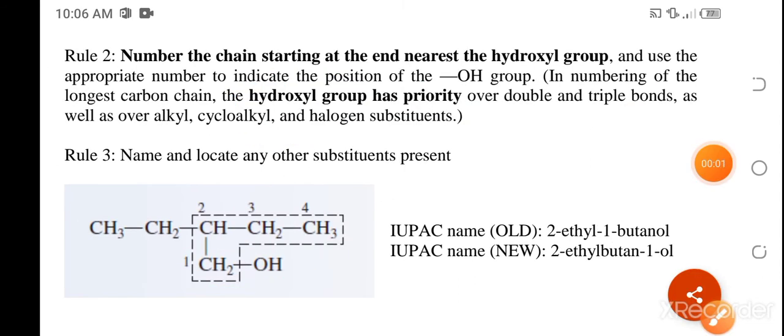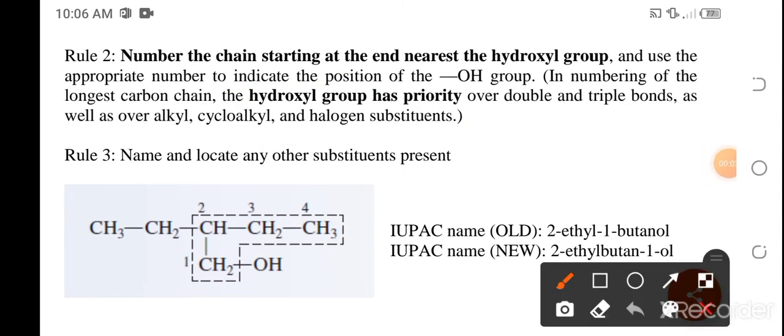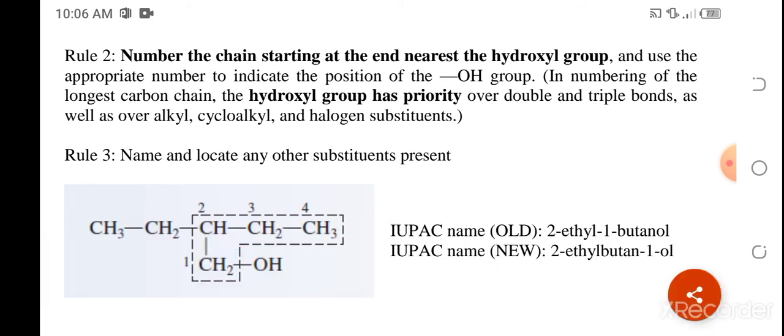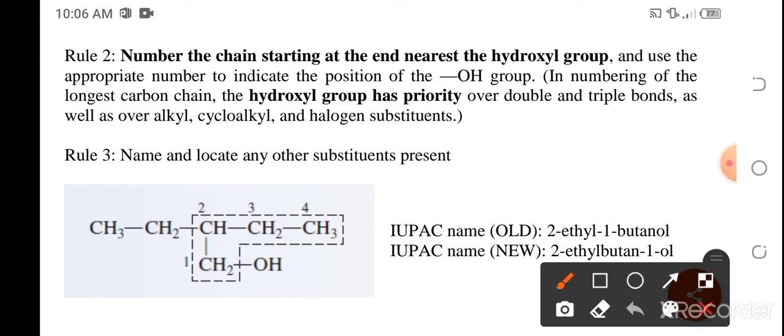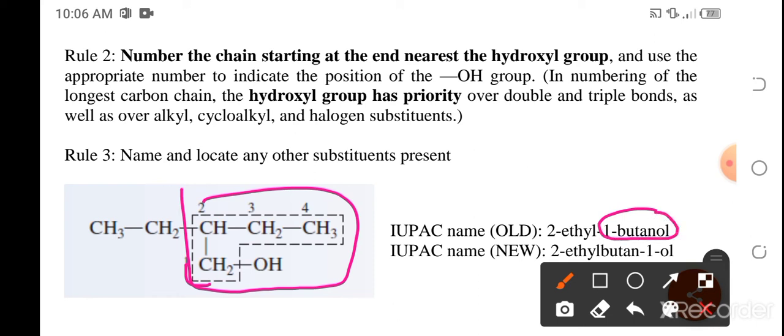So this example would be numbered here on this end. So this is carbon number 1. So therefore, the whole of this is 1 butanol. Okay, so that's 1 butanol.